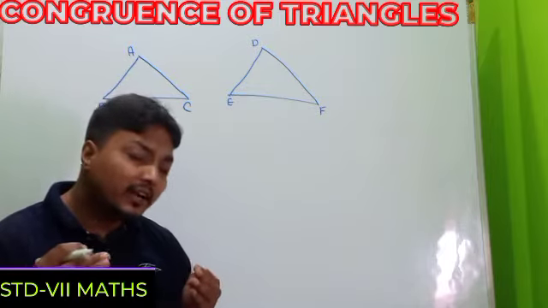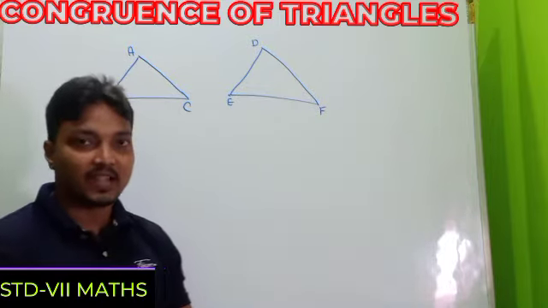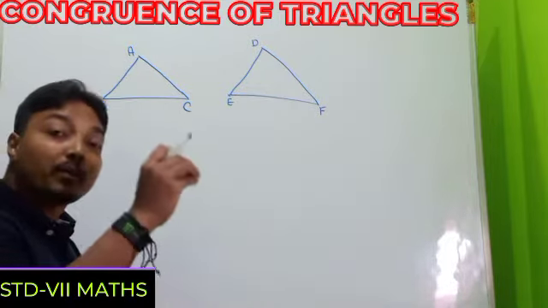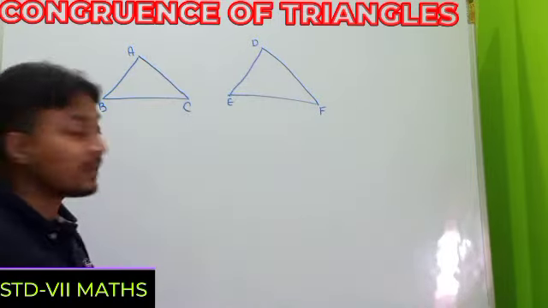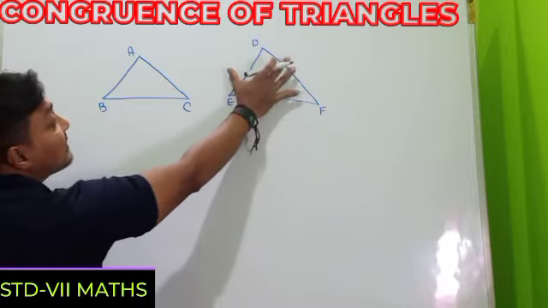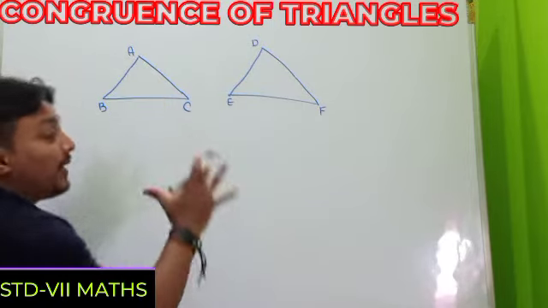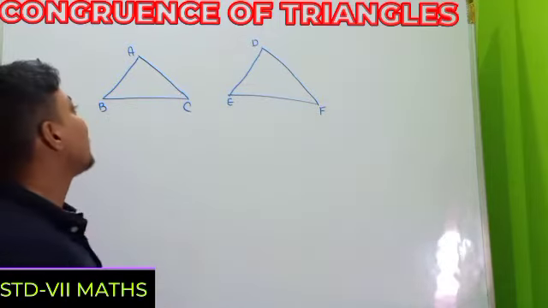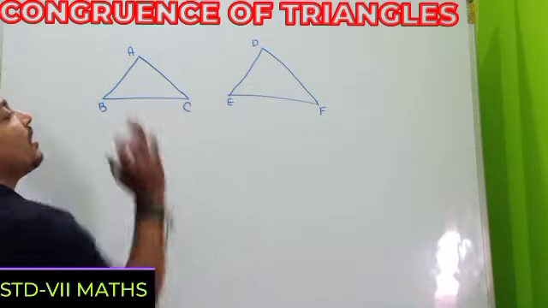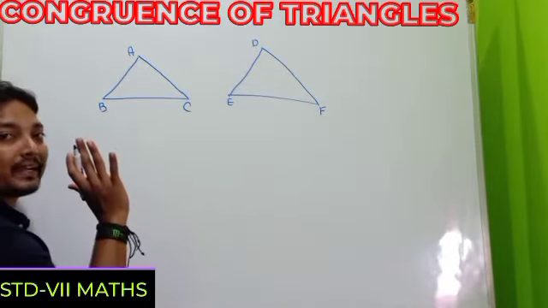The name of the method is superposition, and we will do superposing. It means if I keep this figure over this one so that it covers this one completely, then we can say both triangles are congruent.